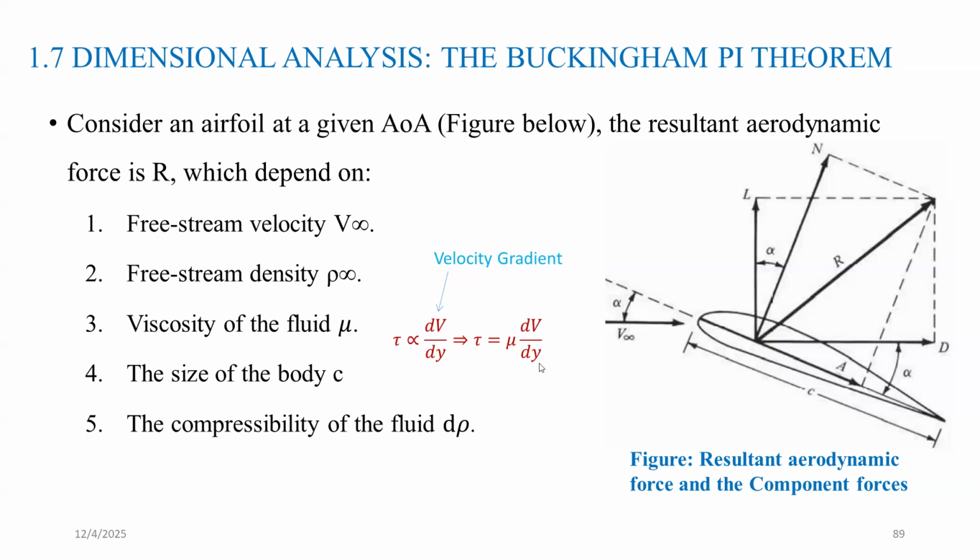Another factor is the size of the body, that means the chord length dimension. And the last one is the compressibility of the fluid, which is the rate of change of density.